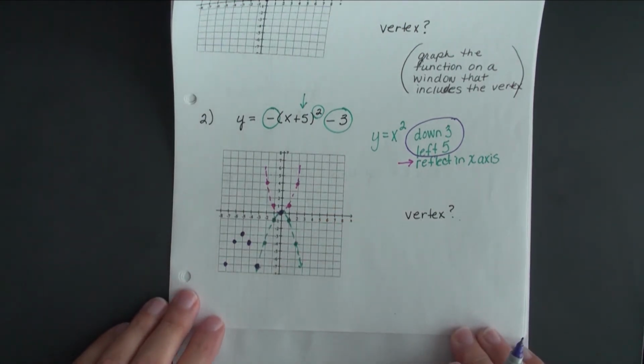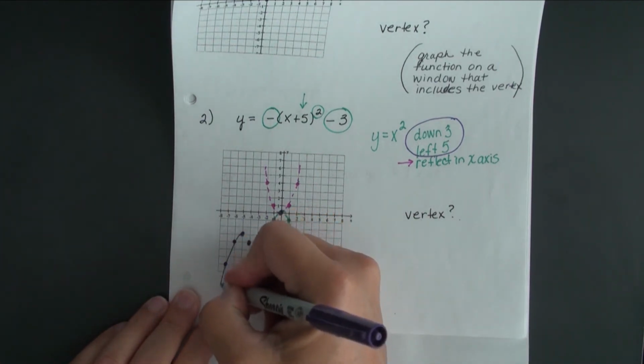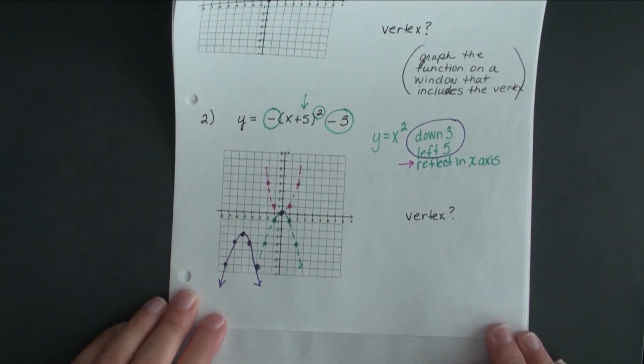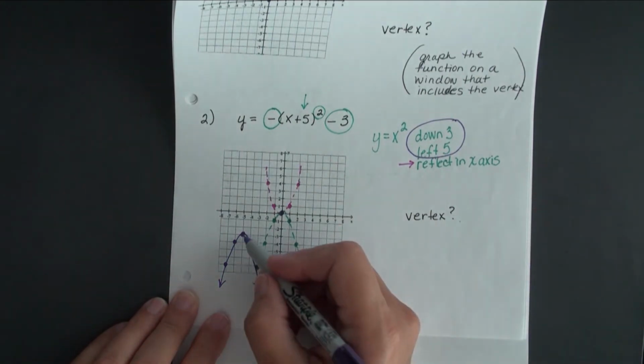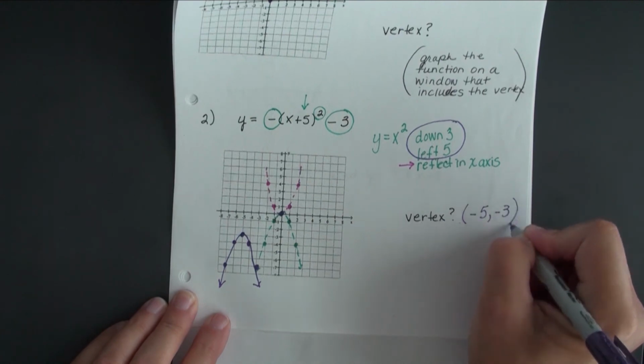So I just scooted each point down 3 and left 5. And I now have my graph of my function. And our vertex for that particular function would be (-5, -3).